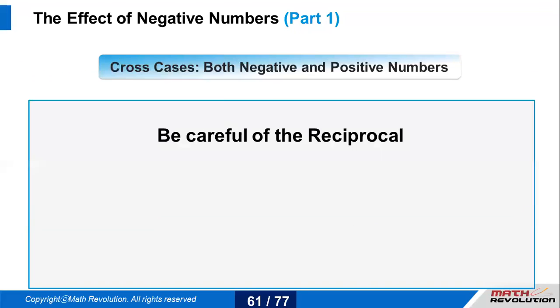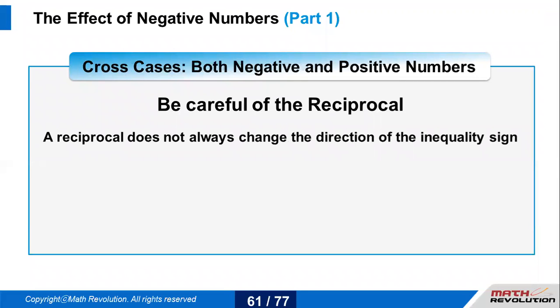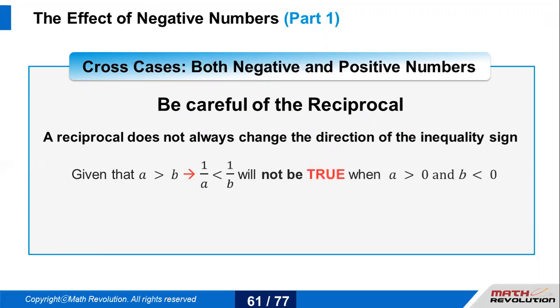What is the effect of negative numbers? This is also a type of question that, I mean, these are the favorite questions of the GMAT. A reciprocal will not always change the direction of the inequality sign, but I have seen most of the students, just in a hurry, apply the logic that they just change the sign.